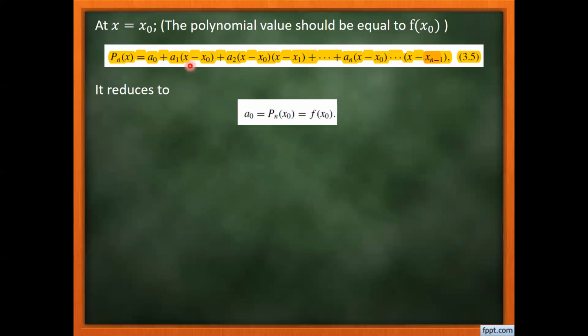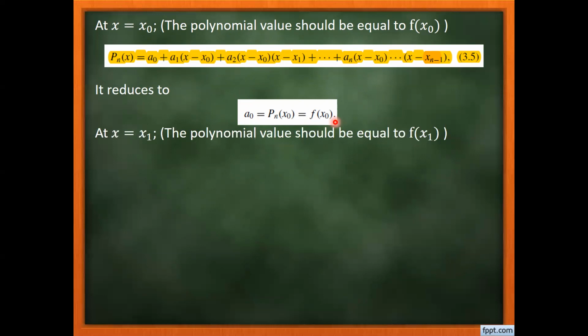Because when I put x equals x0, this term will be equal to 0. Similarly, this term will be 0, and the last one is also 0. This shows that I'm only going to get a single term, that is a0, on the right hand side. Now, solving this equation, I will get the value of a0 to be equal to f of x0.